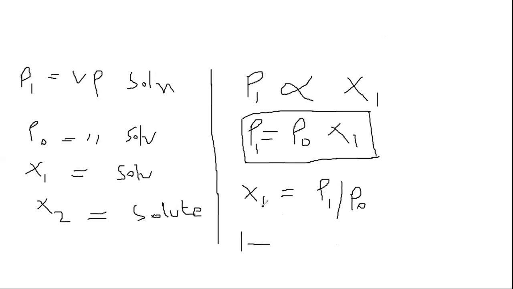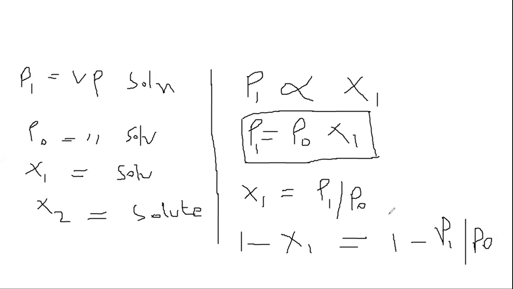So this would be 1 minus X1 equal to 1 minus P1 over P naught. I have just subtracted this from 1, so it would be 1 minus this, and 1 minus X1.